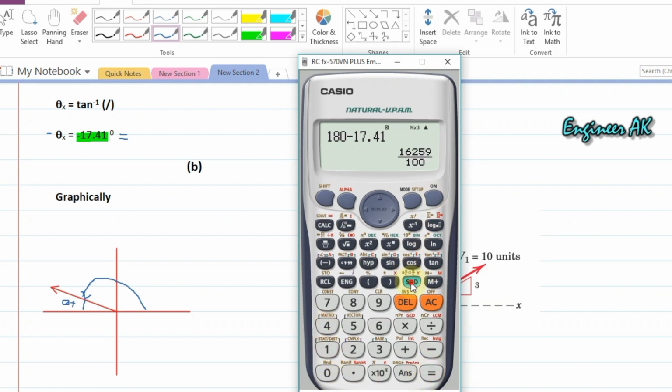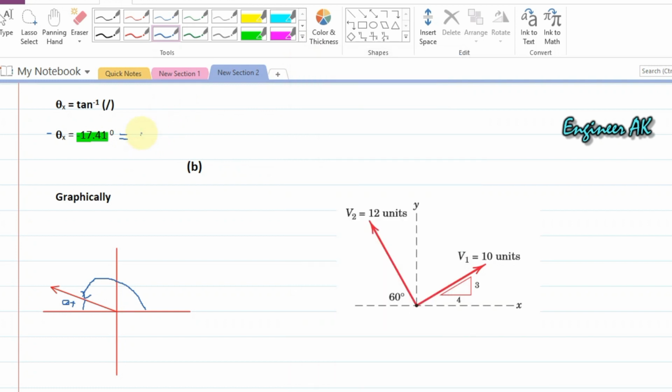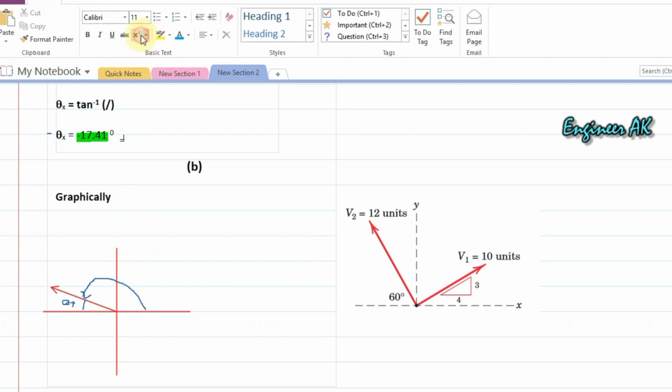So I get 162.59 degrees. Let me check it. Yes.